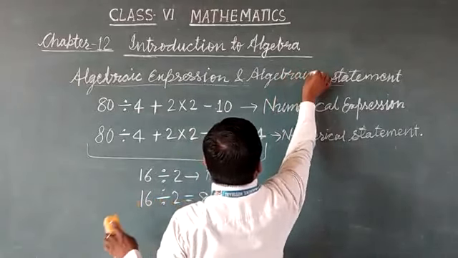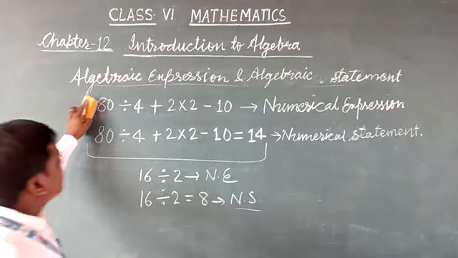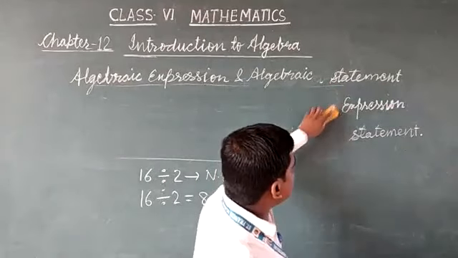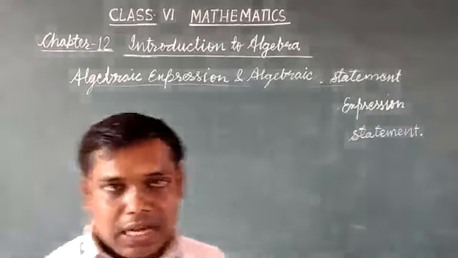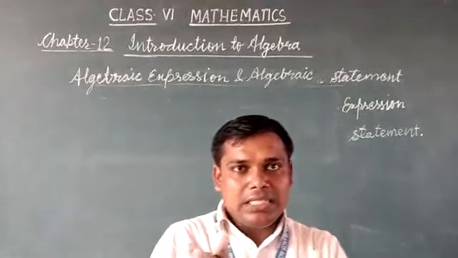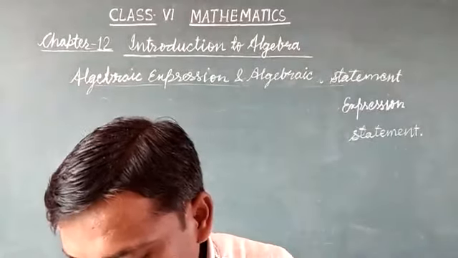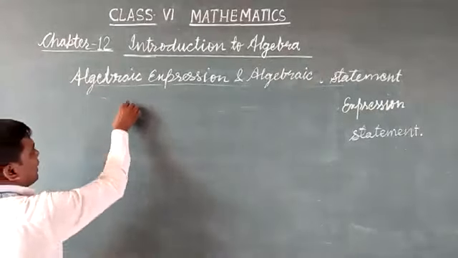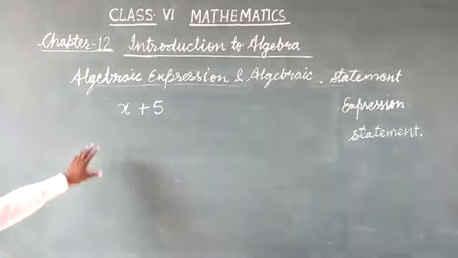Algebraic statement. Okay, try to understand it. When an expression is written, as in the previous topic I discussed with you, operations with numbers and variables, when that operation is written in this form, look here, x plus 5, x plus 5.